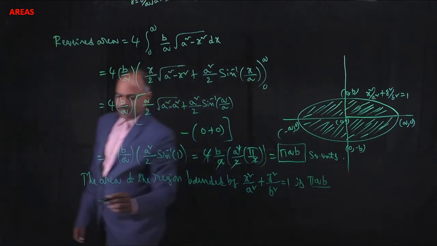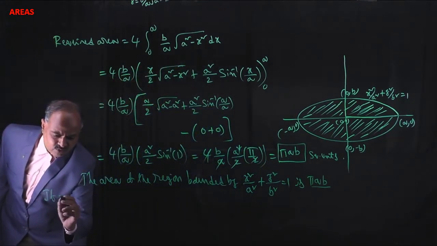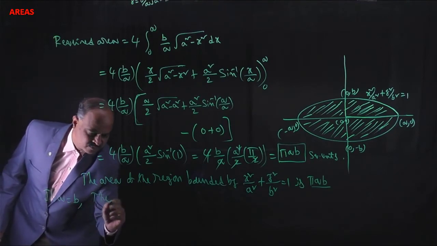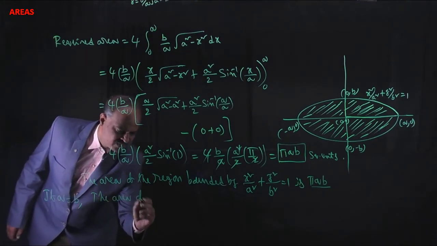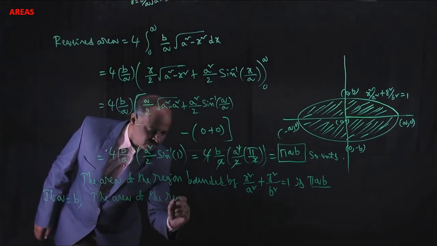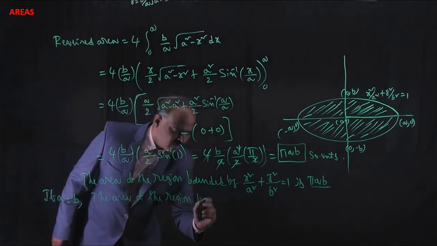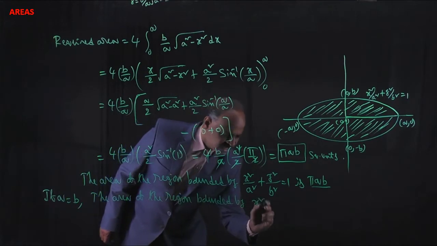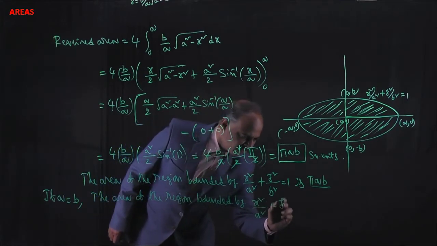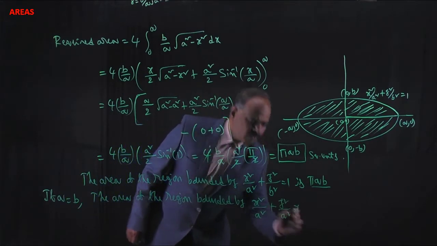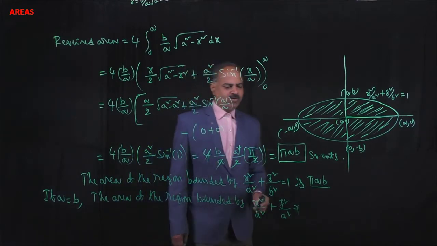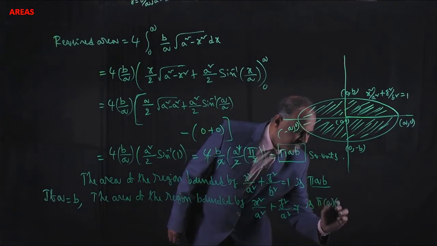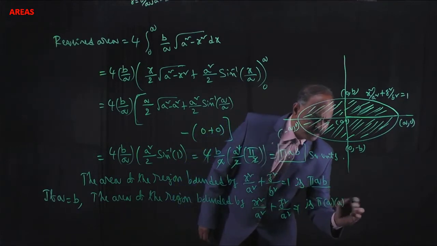If a equal to b, the area of the region bounded by x square by a square plus y square by a square equal to 1, substitute b equal to a. So here it is pi a into a, that is equal to pi a square.